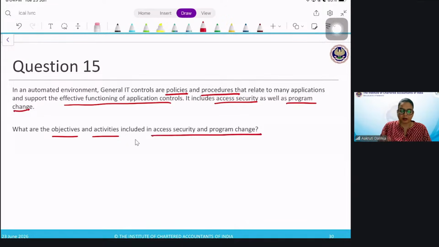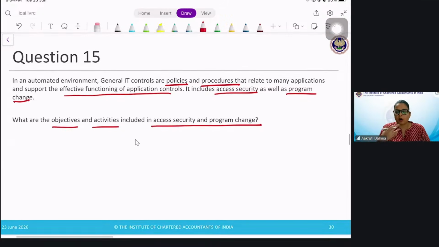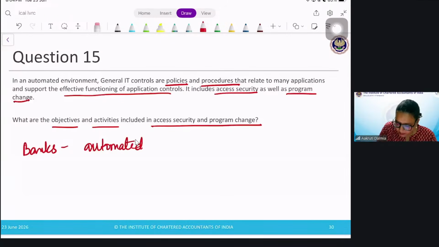What does this mean? So in any automated environment, I'll take the example of a bank. Okay, so the bank has a very good IT-based system. Banks have a lot of things automated. Many things are automated, which means the system automatically does the process.